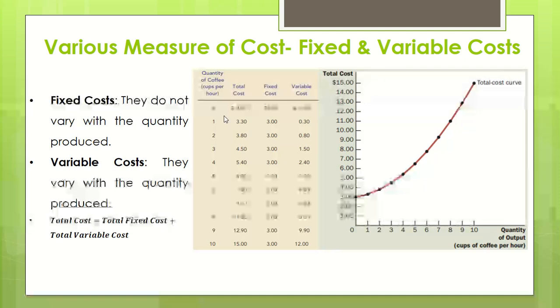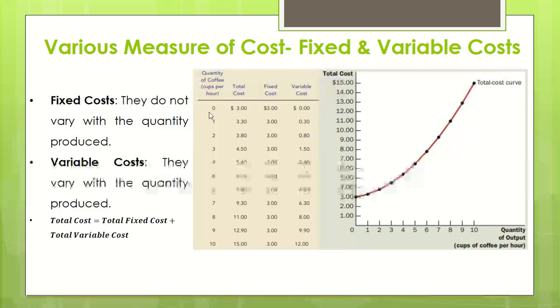Again, on this table, if the quantity produced is 1, the total cost here is $3.30, which comes by adding fixed cost, that is $3, and variable cost, that is $0.30. So the sum of both these costs is known as total cost, which is $3.30.